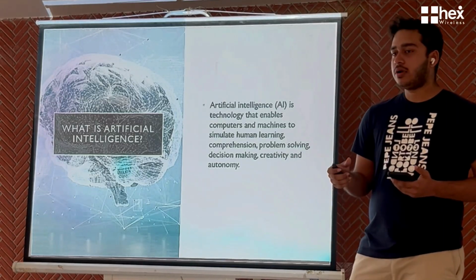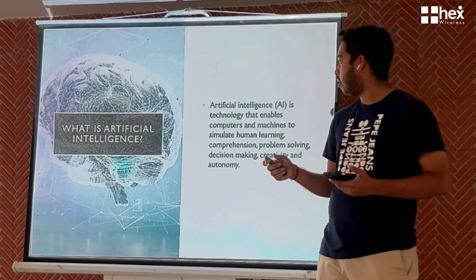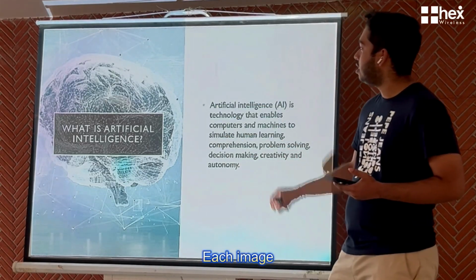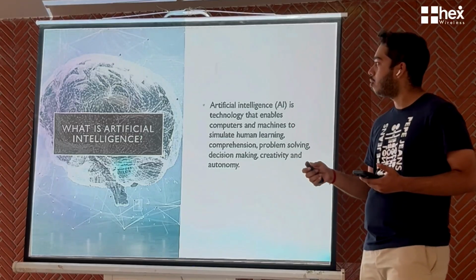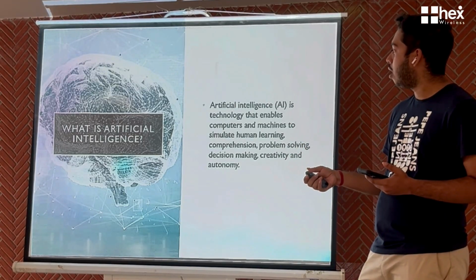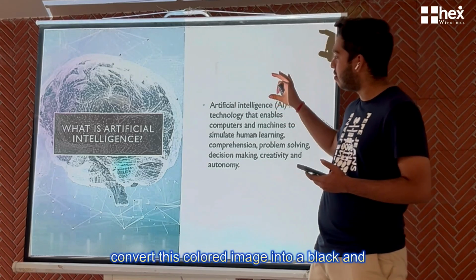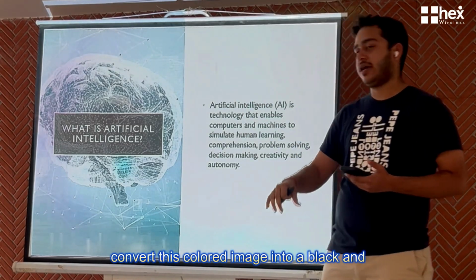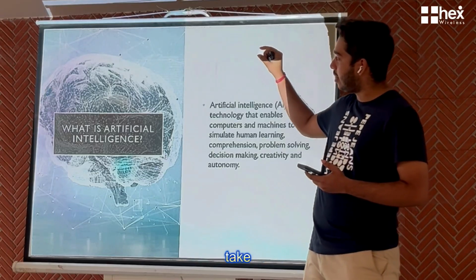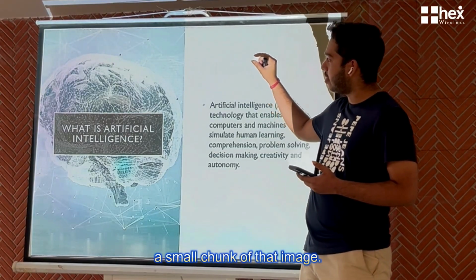So if you have an image, let us see, for example, this is the image. Each image has pixels, as we know, and these pixels are converted into grayscale. Grayscale is nothing but if I had to convert this colored image into a black and white image. After that, I will take a small chunk of that image.